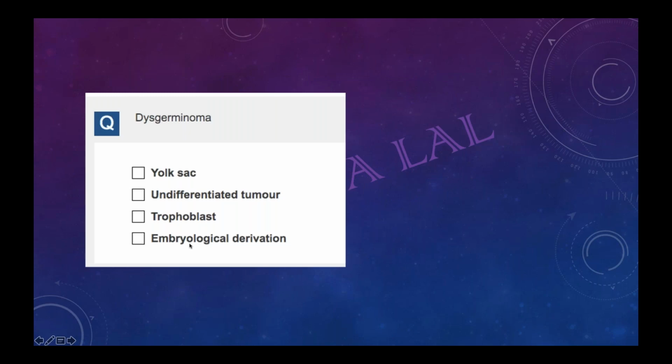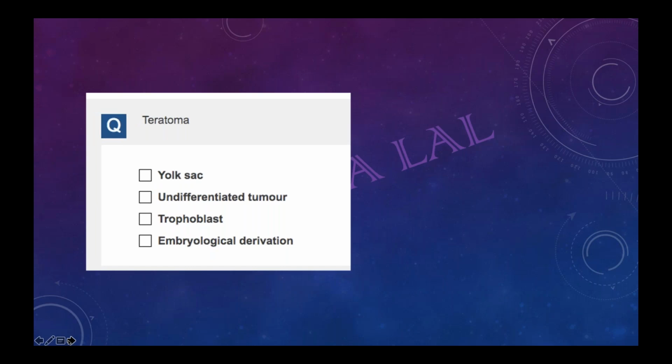Now, dysgerminoma arises from where? I just showed you the picture. Dysgerminoma is the only germ cell tumor, the most common, 45% of the cases, that arises from an undifferentiated origin.